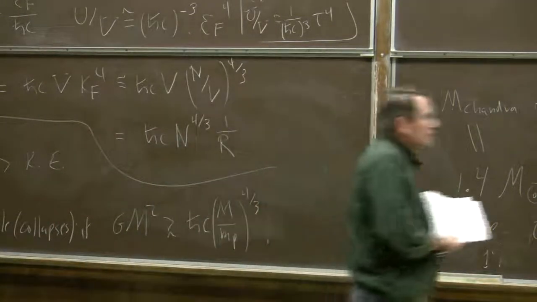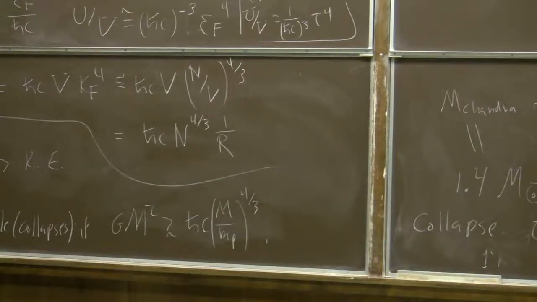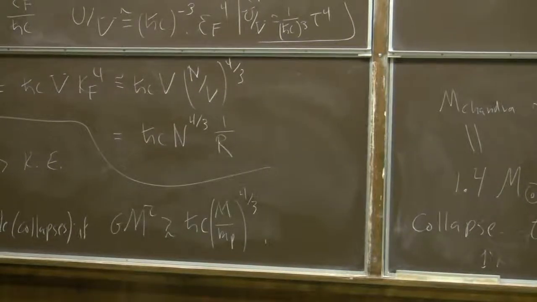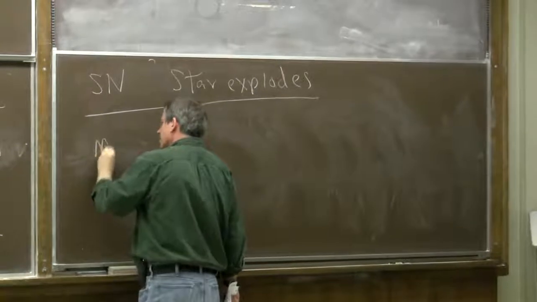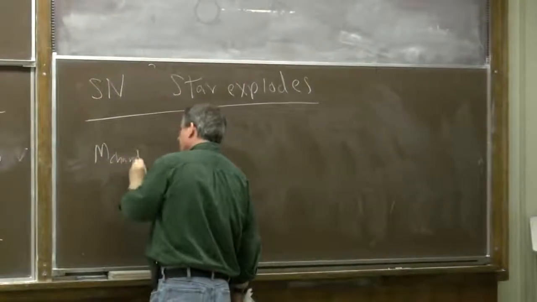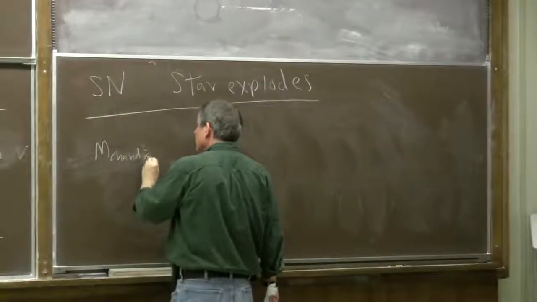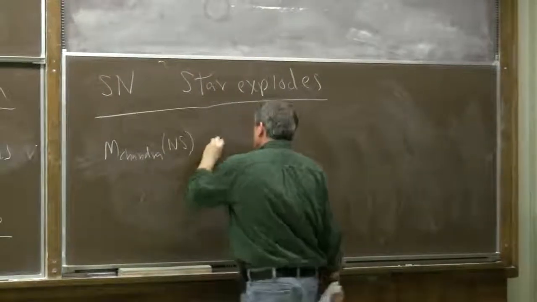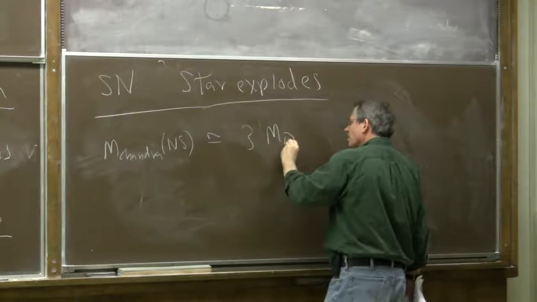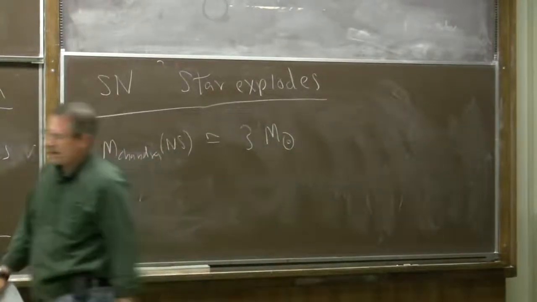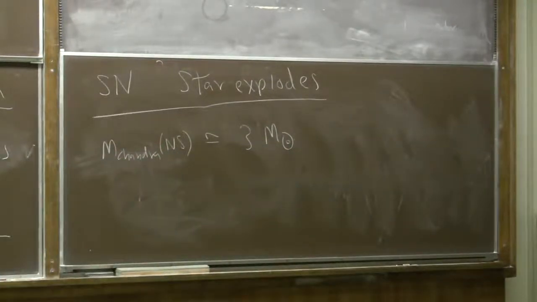But people have tried. And the estimate, I'm not sure, I should have looked up a more up-to-date estimate, but the Chandrasekhar mass for a neutron star is actually something like 3 solar masses. Now, it's a little bit bigger than the Chandrasekhar mass for white dwarfs.